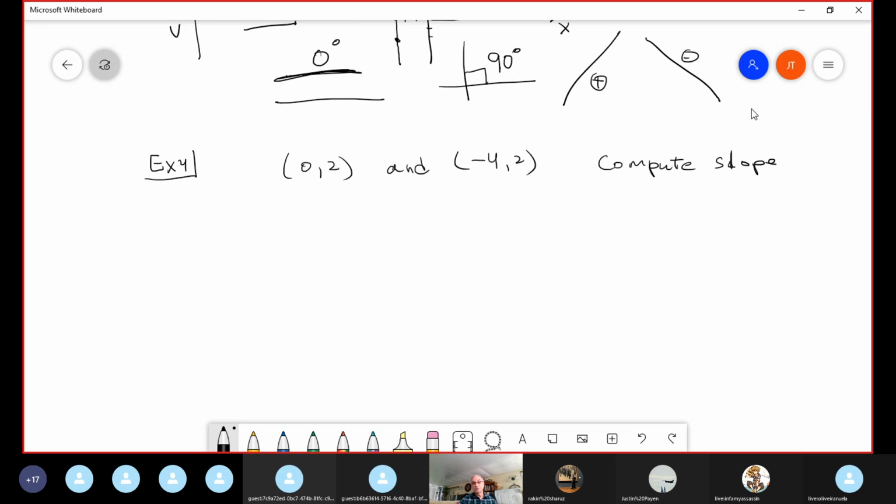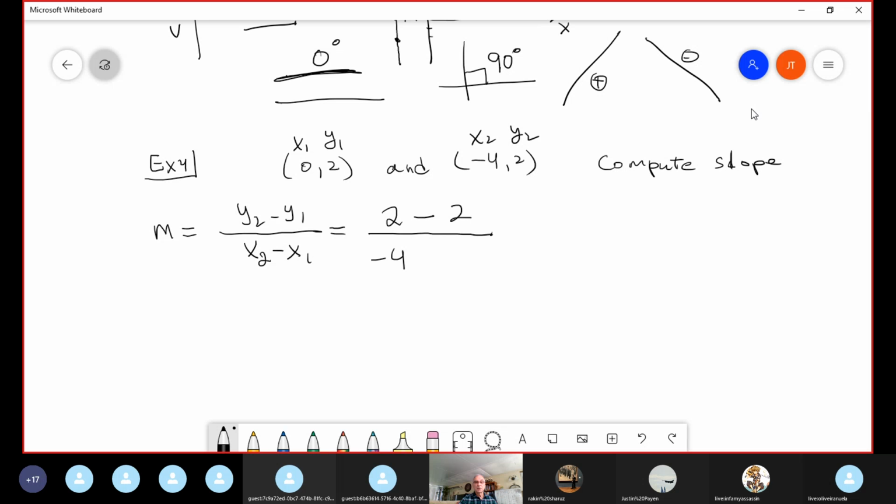Okay, slope. The formula is y2 minus y1 over x2 minus x1. This is x1, y1, this is x2, y2. And substitution. y2 is 2 minus y1 is 2. x2 is negative 4 minus x1 is 0.